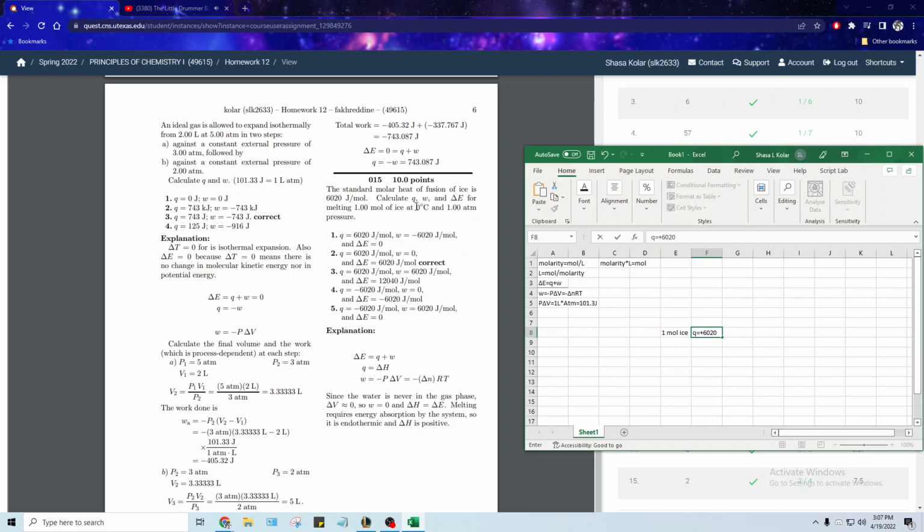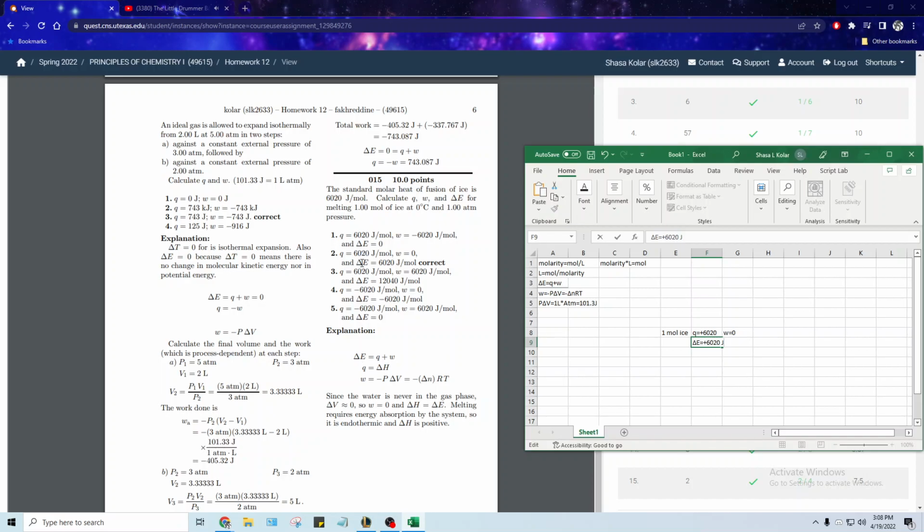Of course, some work is going to be done, but I don't know how to calculate that, and we're not doing that right now. So just assume that W is equal to 0. So Q is positive, W is 0, so change in E is going to be positive 6020 joules. So that's the right answer.